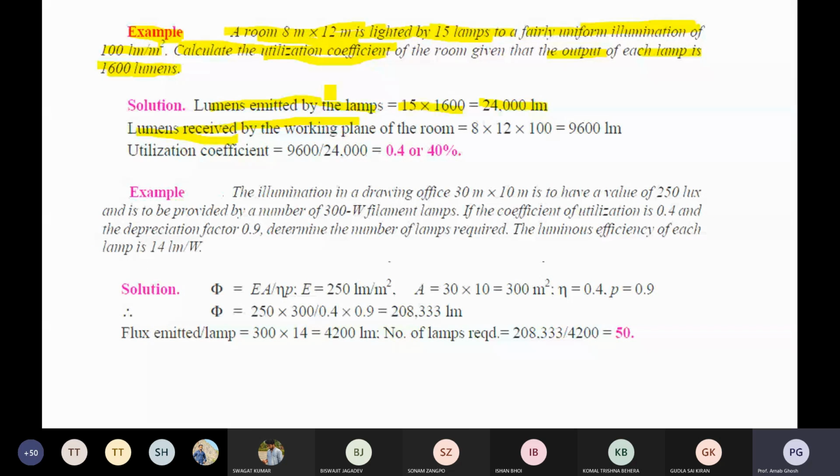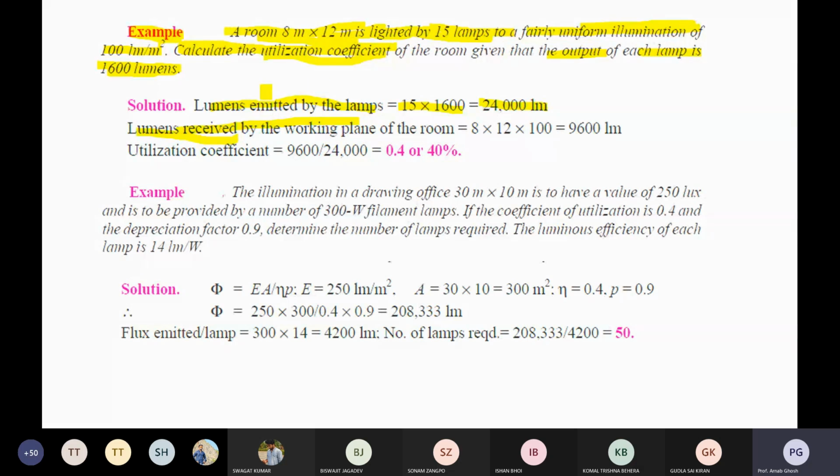So lumen received by the working plane of the room: the area is given, 8 into 12, and 100 lumen per meter square is given, uniformly spread. The meter square units cancel each other, so it is 9600 lumen.